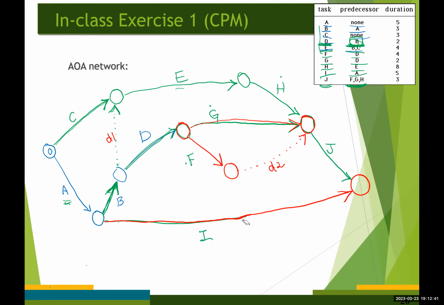It's not only for CPM, but also for many other network optimization models, such as the shortest path problem, minimum spanning tree problems, and maximum flow problems, to name a few. Most of these network optimization models adopt the AOA network model. So let's just focus on the AOA network model, or CPM, in this class.